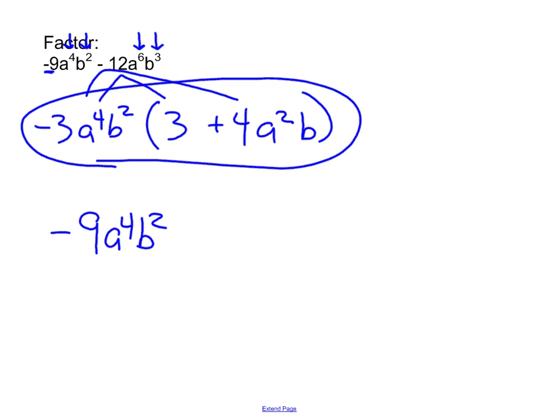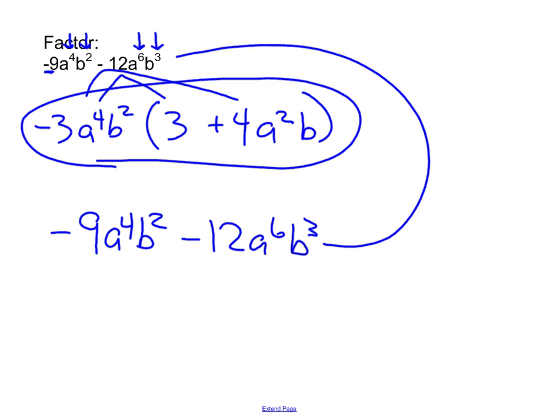And then negative 3 times negative 4 would give me a negative 12 a to the 6th b to the 3rd. So anytime you're not sure if you did it right, just go back and do the distributive property, and if you get the same thing, then you probably did it right.